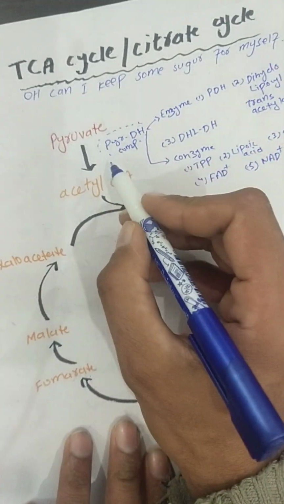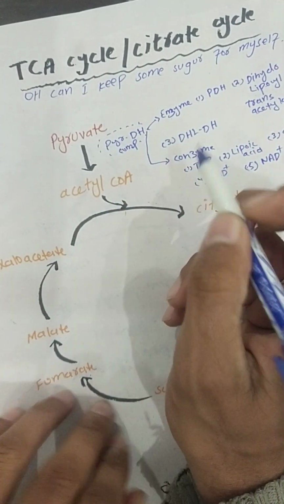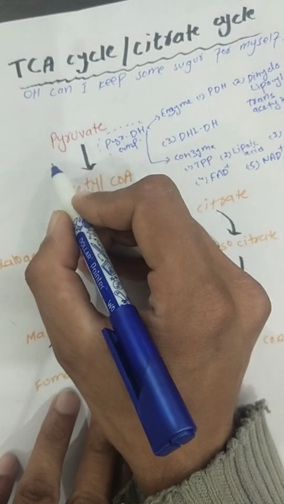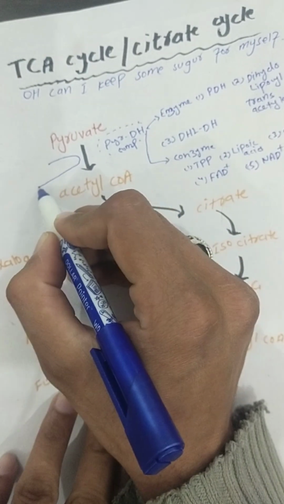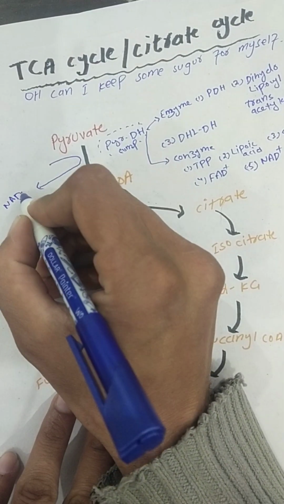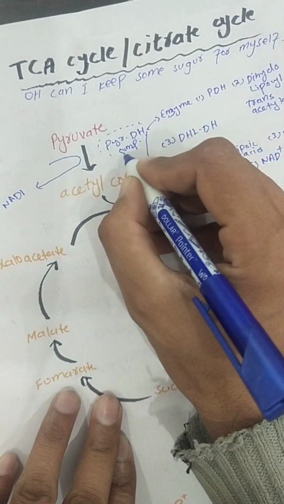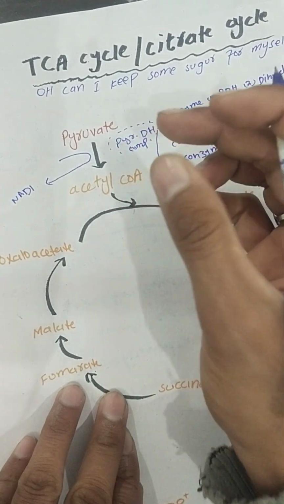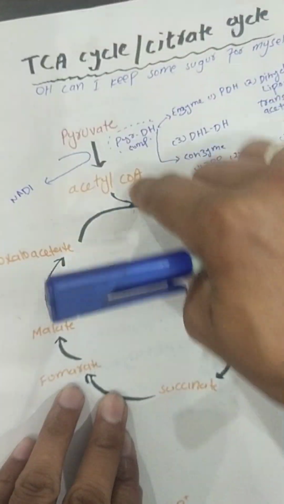Whenever you have a dehydrogenase enzyme, there is always production of NADH. You should remember that a dehydrogenase enzyme causes hydrogen to leave in the reaction.